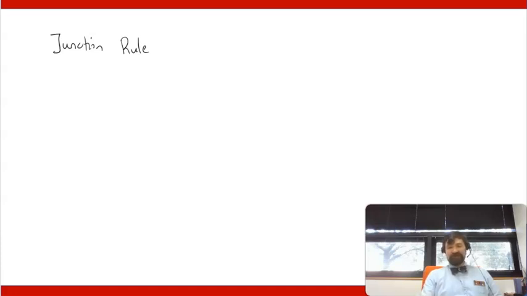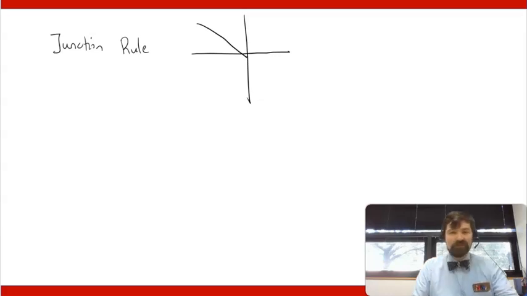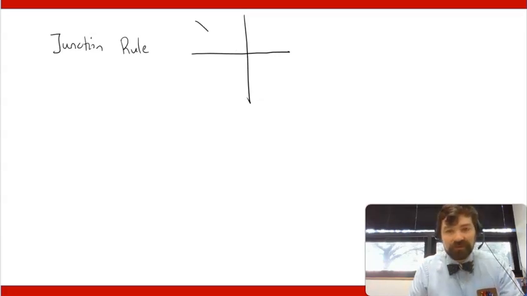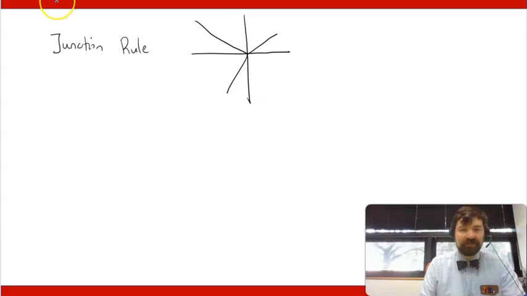So if I have a point in the circuit in which I have wires doing something like this, where they all meet up at some point, and then I have current flowing in each of the wires.